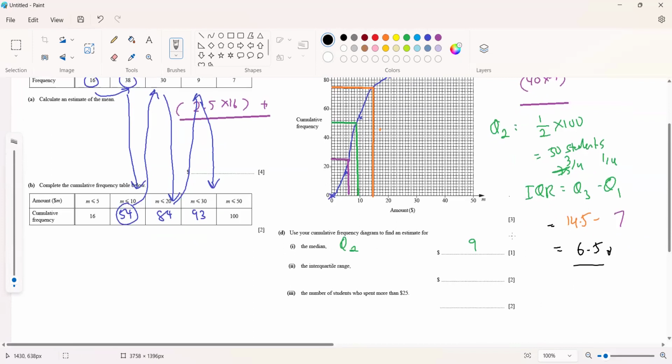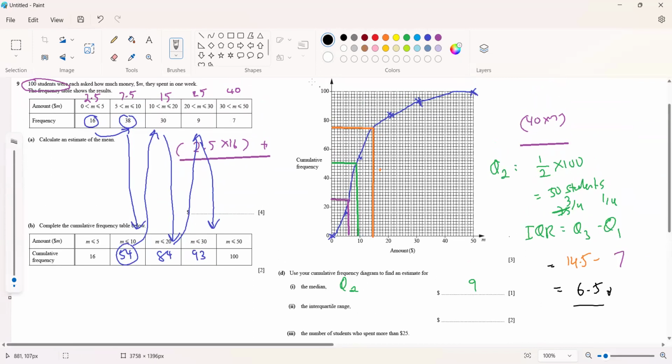So the number of students who spend more than $25, you just go from the $25 mark at somewhere around the bottom here, and then you can find the number of students. That's 1, 3, 4, yeah, 5, right? So then from there, you can see how many students have been taken up already. It seems to have taken up about 88 students.